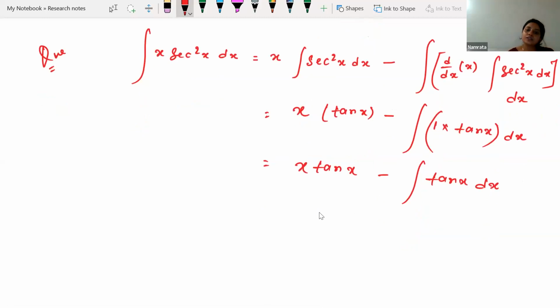Exactly. So it's log of mod sec x. Let me check in your book as well whether it's given or not. Log of mod sec x plus c. Okay, this is the formula for this one. Let me check in your book whether the formula is directly given here or not.